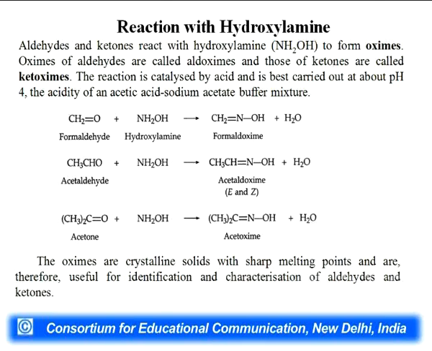So, formaldehyde when it reacts with hydroxylamine will give you formaldoxime, acetaldehyde will give you acetaldoxime, acetone will give you acetoxime. So, nucleophilic addition of hydroxylamine on the carbonyl carbon takes place, and the nitrogen, having a lone pair of electrons, will attach to the carbonyl carbon.